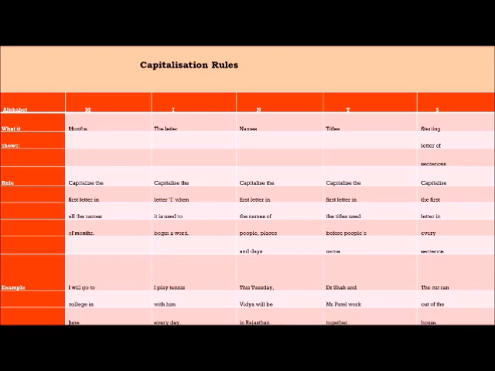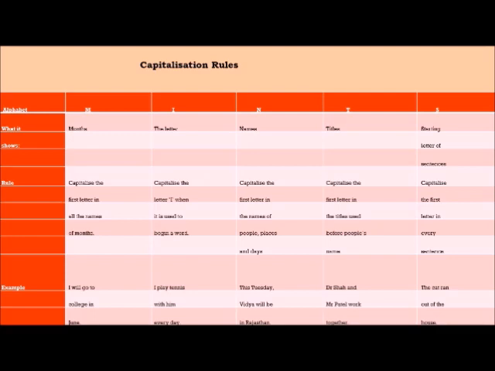For example, M stands for month names, which means that the first letter of all month names is written in capital. I stands for I, which refers to myself, and I is always written in capital. N stands for all the names; names of places, persons, things, etc. are always written with the first letter in capital.